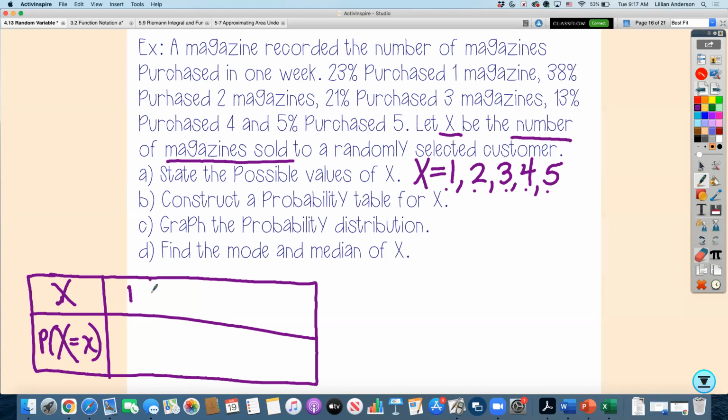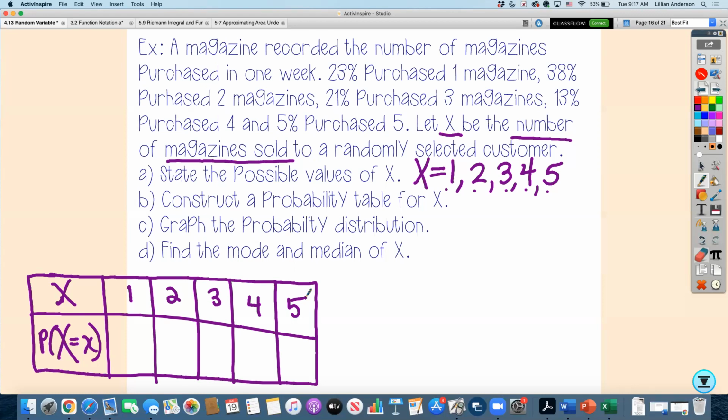So that's going to be 1, 2, 3, 4, and 5. What does the capital P represent? Probability. Remember, probability cannot lie outside 0 and 1 if it's in fraction form. But in this case, we have percentages.